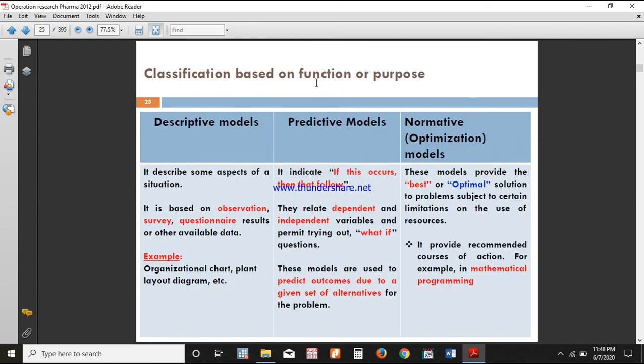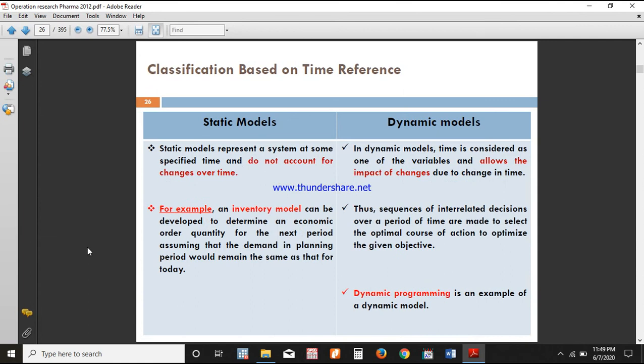When we come to the second classification, based on function or purpose, a descriptive model normally utilizes observation, surveys and questionnaires so as to represent the real-life problem existing in the enterprise, whereas a predictive model helps business enterprises predict: if this occurs, then what follows, which displays the relationship between dependent and independent variables, whereas the last one is the normative or optimization model, which involves the best or optimal solution to problems under limitation.